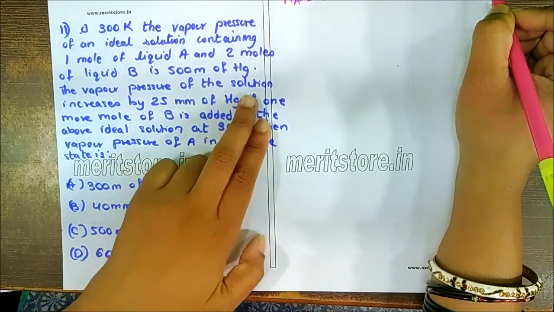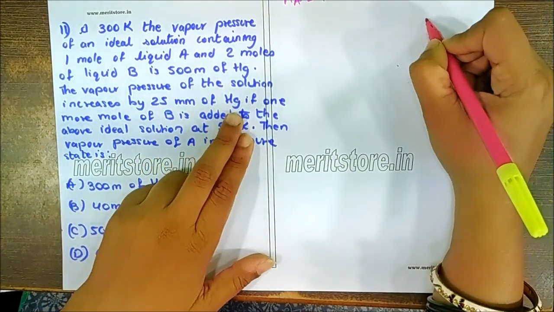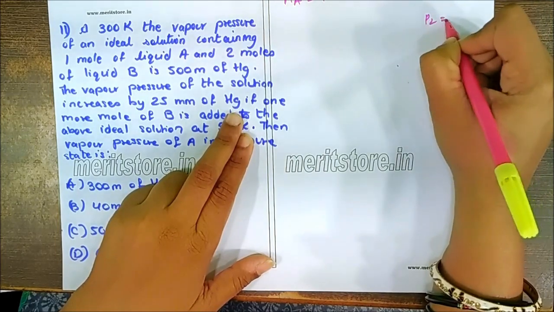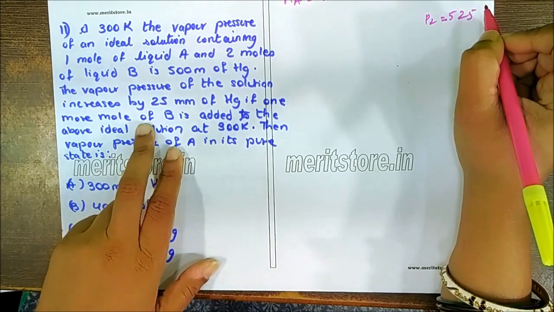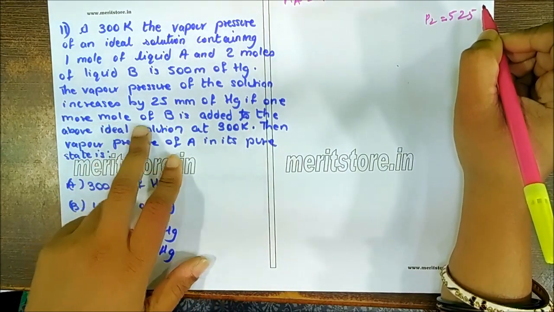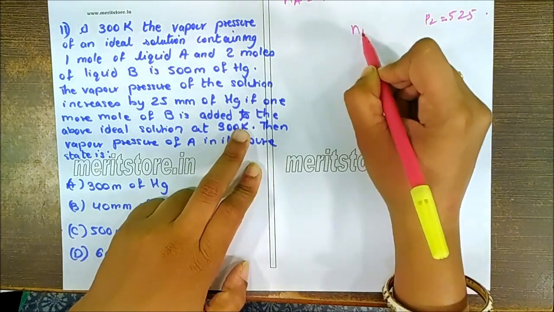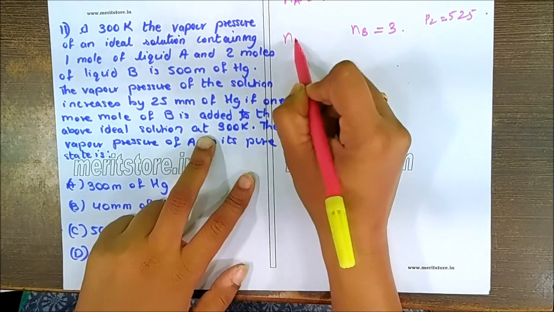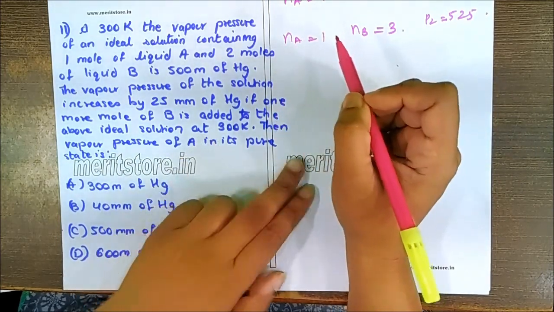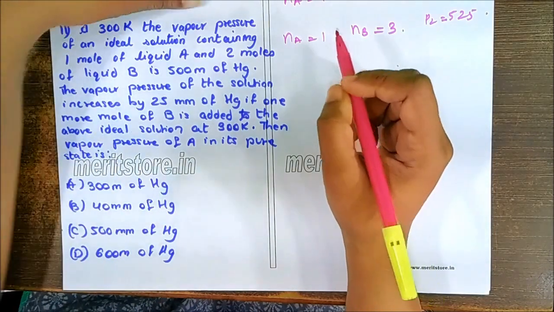The vapor pressure of the solution increased by 25 mm of mercury, so it becomes 525, if 1 more mole of B is added. That means nB is now 3, and nA stays 1. Then we have to calculate the vapor pressure of A in its pure state.